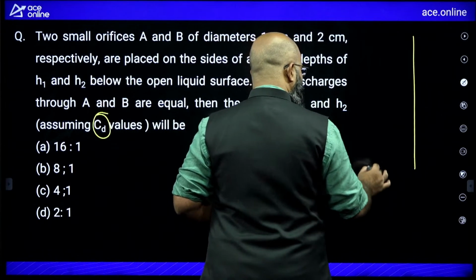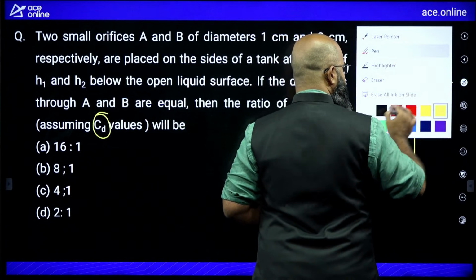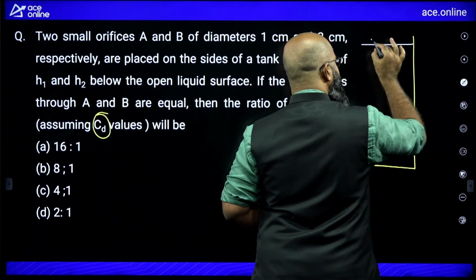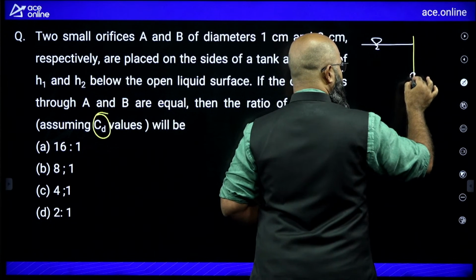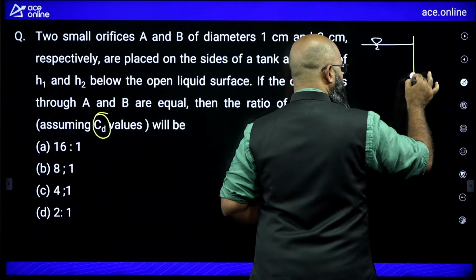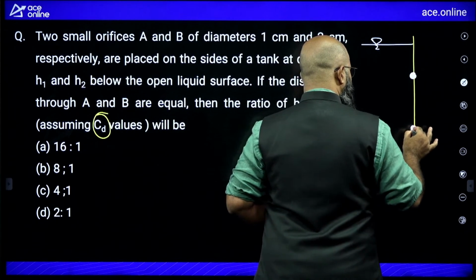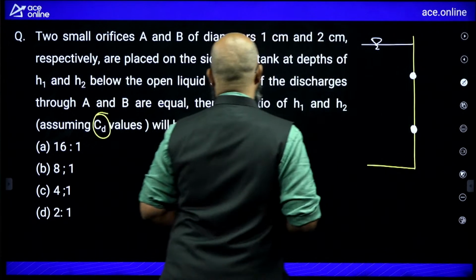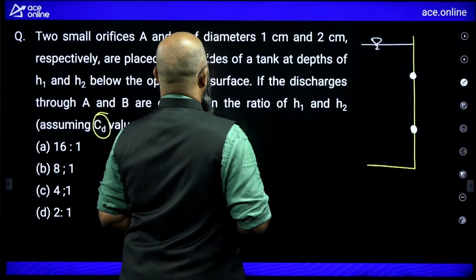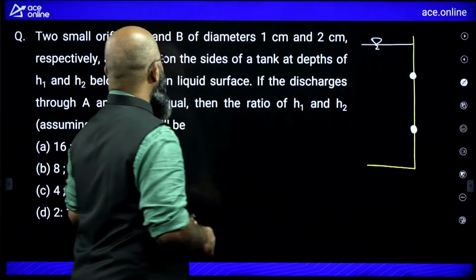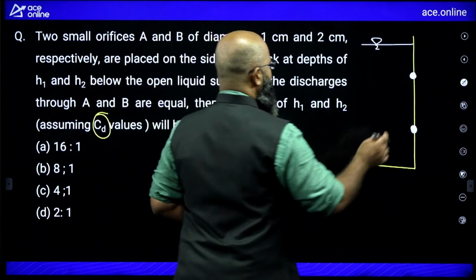Imagine you are having a reservoir over here. This is the reservoir you are having. Let us say this is a level you are having. At this particular reservoir, you are having an orifice over here. You are having another orifice over here. He is saying the diameter of orifice A and B. Let us say this is 2 centimeter orifice.